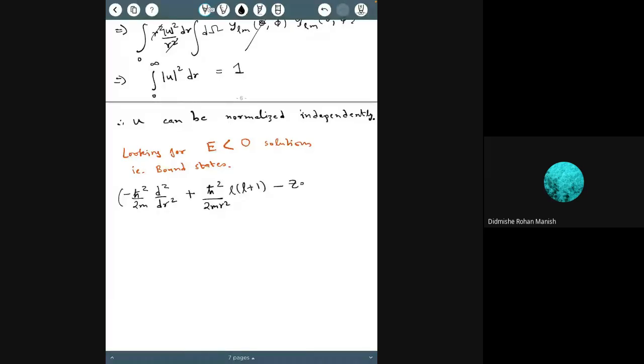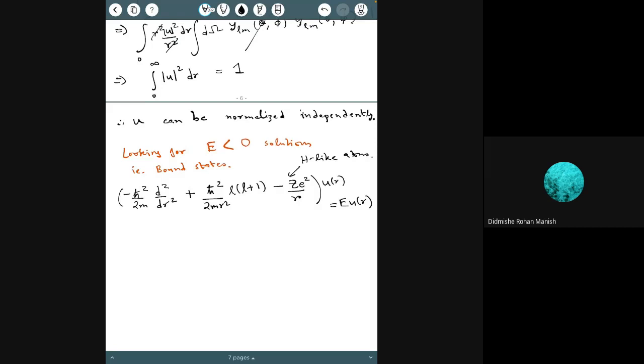And now I am writing the actual form of the Coulomb potential. And I'm including the Z to include hydrogen-like atoms. Hydrogen-like atoms basically means the nucleus can have any charge, any atomic number Z, but you only have one electron in the system.